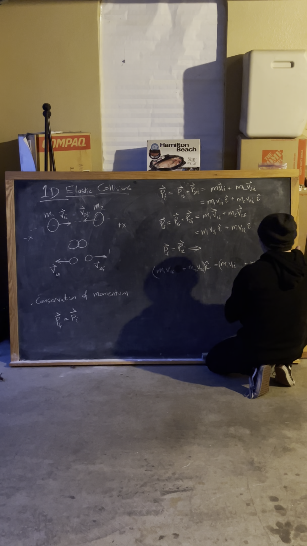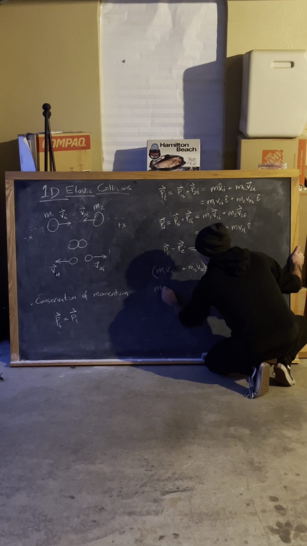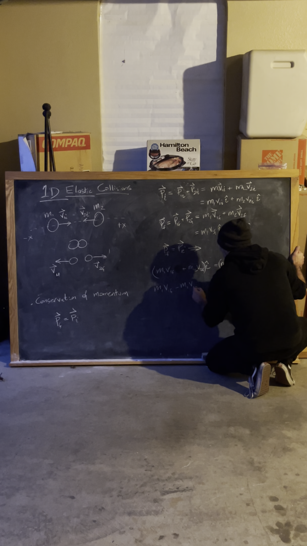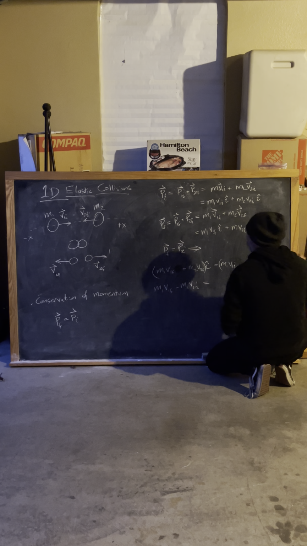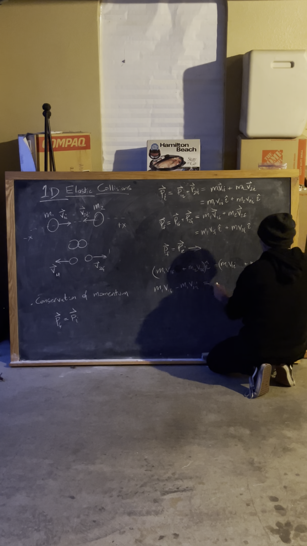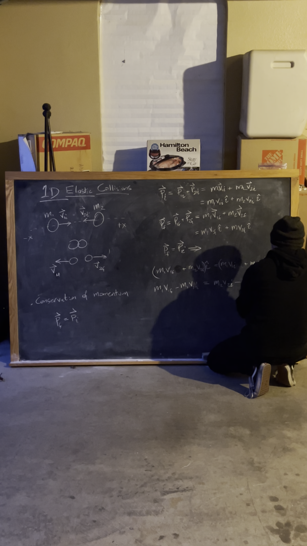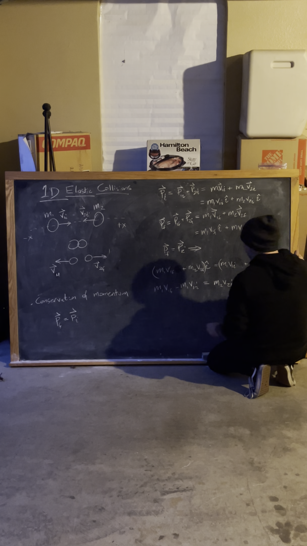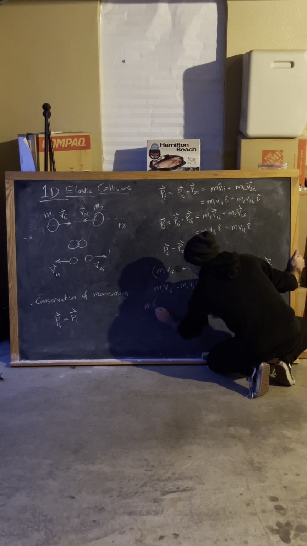Now subtracting m1 v1i from both sides, we have m1 v1f minus m1 v1i, and subtracting m2 v2f from both sides gives us m2 v2i minus m2 v2f. Factoring out an m1, on the left side we have v1f minus v1i.